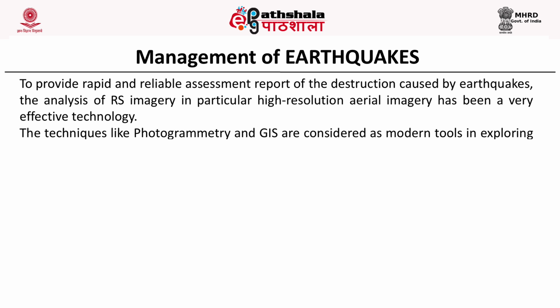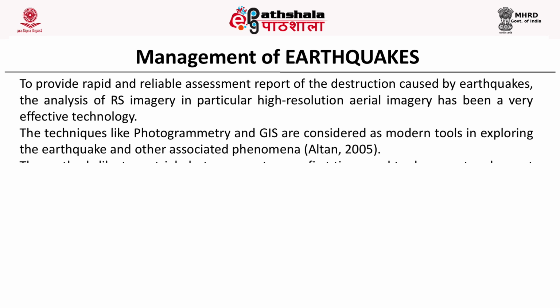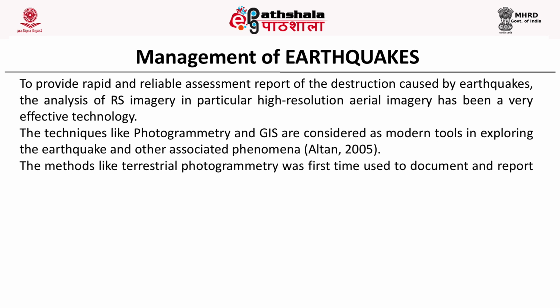To provide rapid and reliable assessment report of the destruction that is caused by earthquakes, the analysis of remote sensing images, in particular the high resolution aerial imagery, has been a very effective technology. Further, the techniques like photogrammetry and GIS are considered helpful in exploring the earthquakes and other associated phenomena.